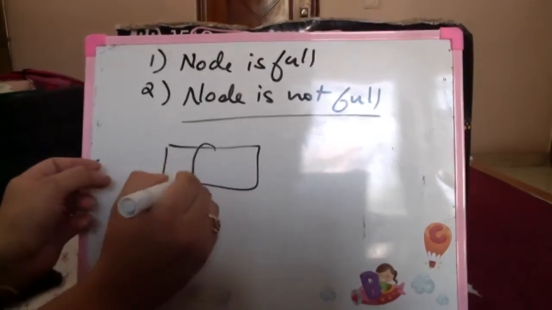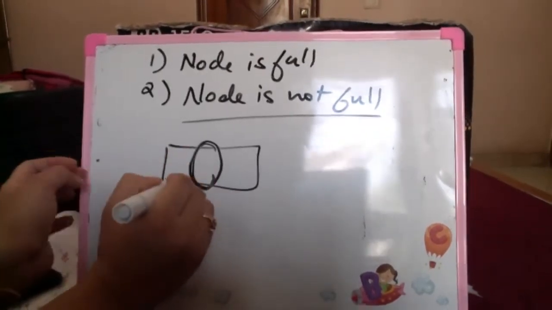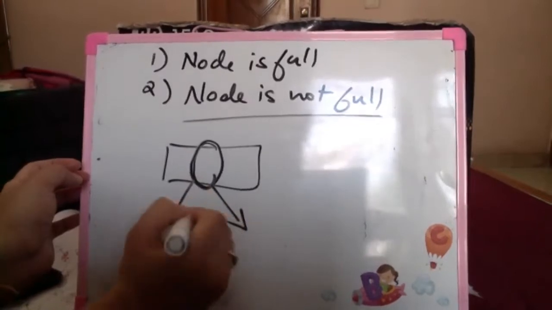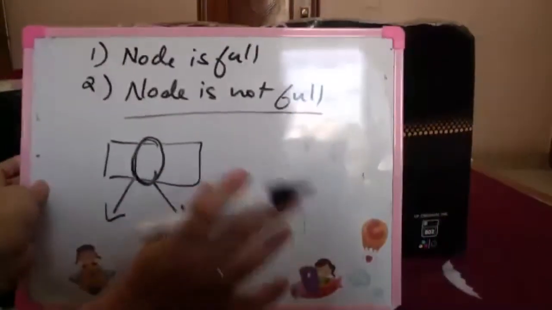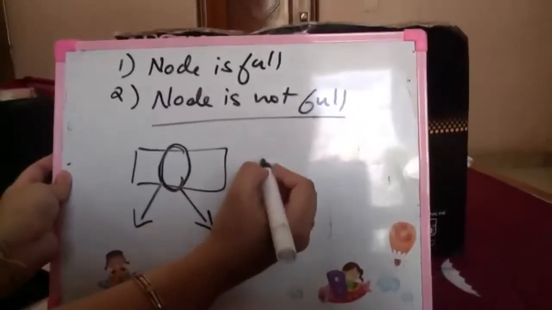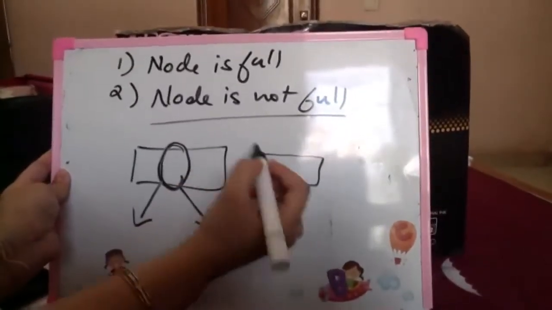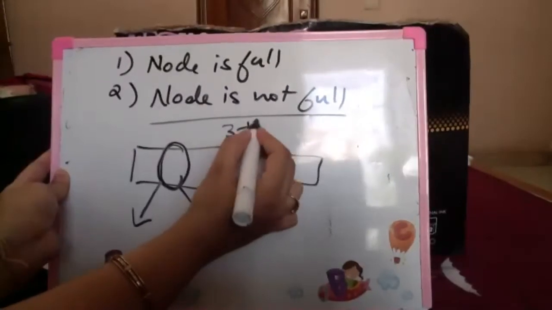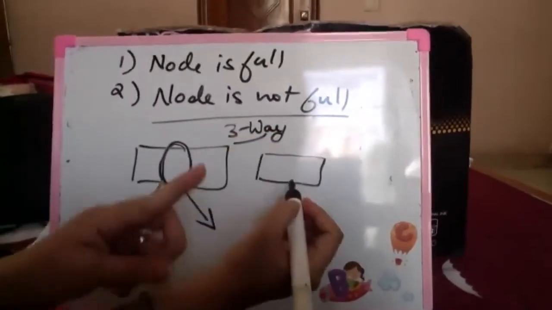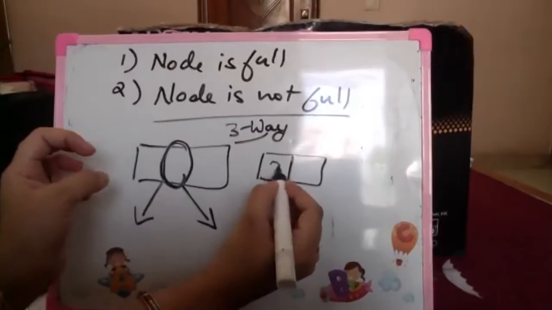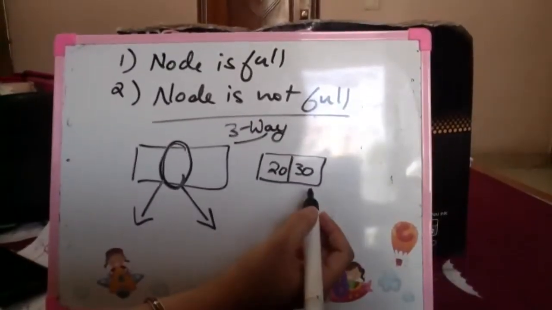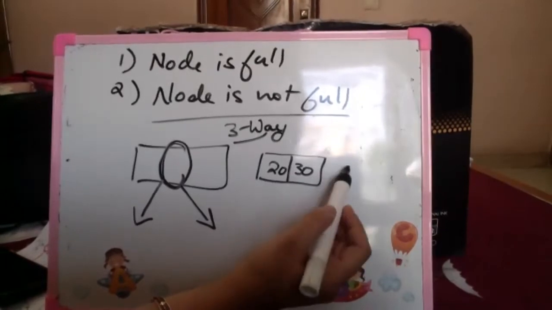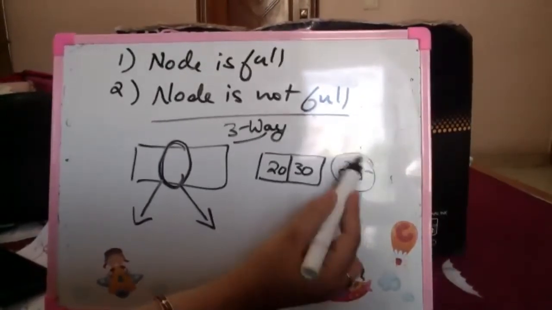From the median or the middle element, I break the node into two parts, each with half the number of keys. Just for example, in a three-way tree, a maximum of two keys is possible. Say this node is already full, having the values 20 and 30, and I need to insert 25, which should come in between.